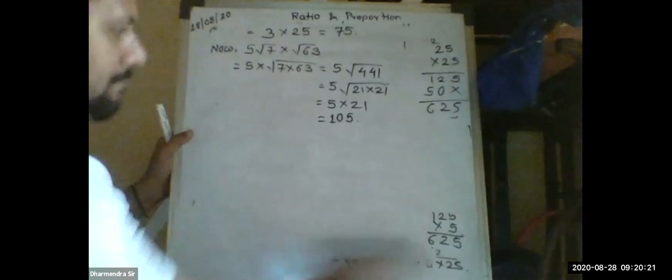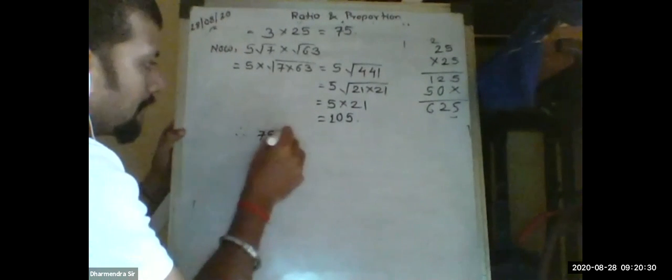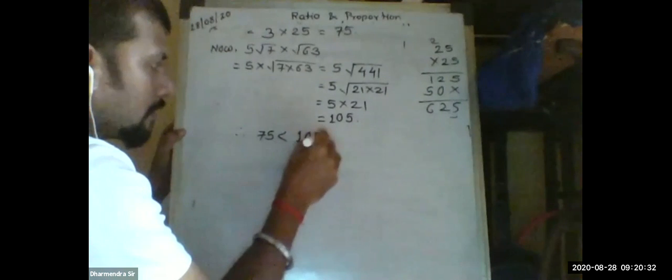So from here we conclude that 75 is less than 105, or you can say 105 is greater than 75.